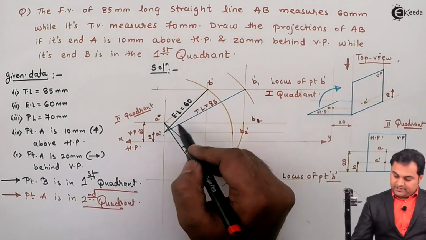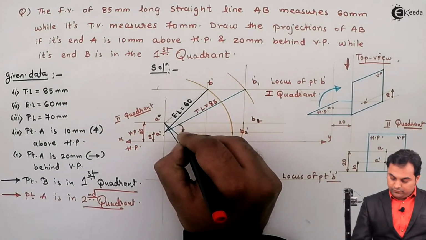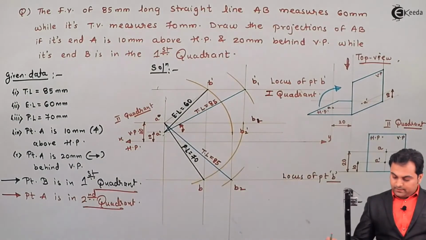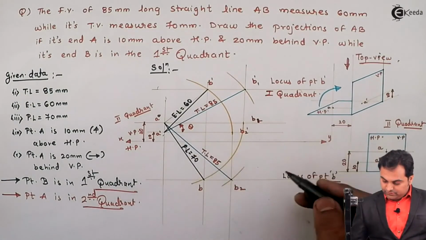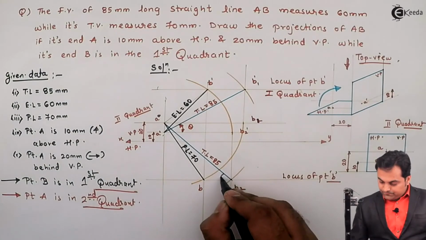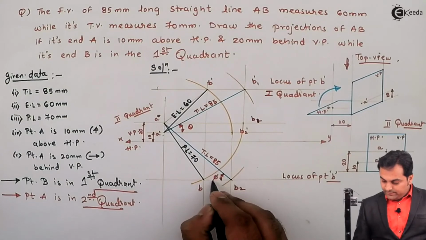Here there is A dash B1 dash, that is the inclination of the true length in the front view. So then I'll call it as theta, and this is the inclination of the true length in the top view, so that will be called as phi.